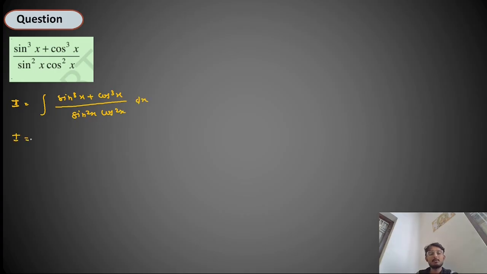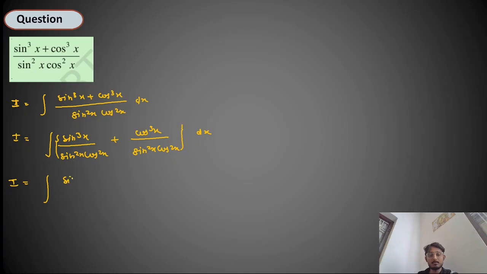Now you can separate the terms as sine cube x upon sine square x cos square x plus cos cube x upon sine square x cos square x, and then dx. Now you can cancel out sine cube x and sine square x, so you will get sine x upon cos square x plus cos x upon sin square x.